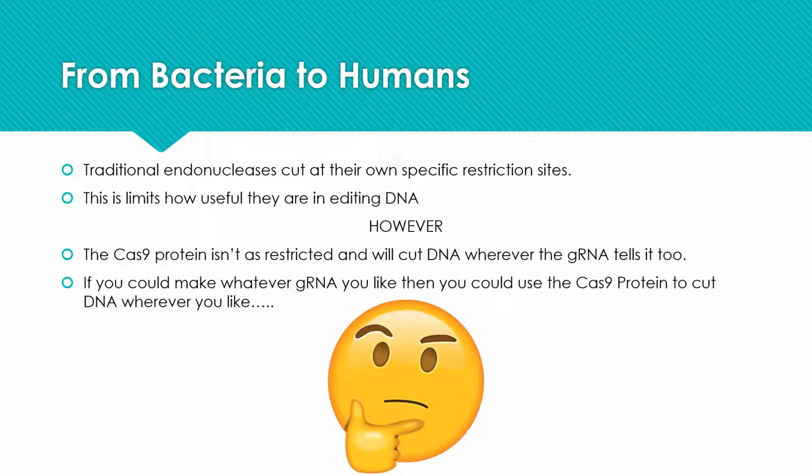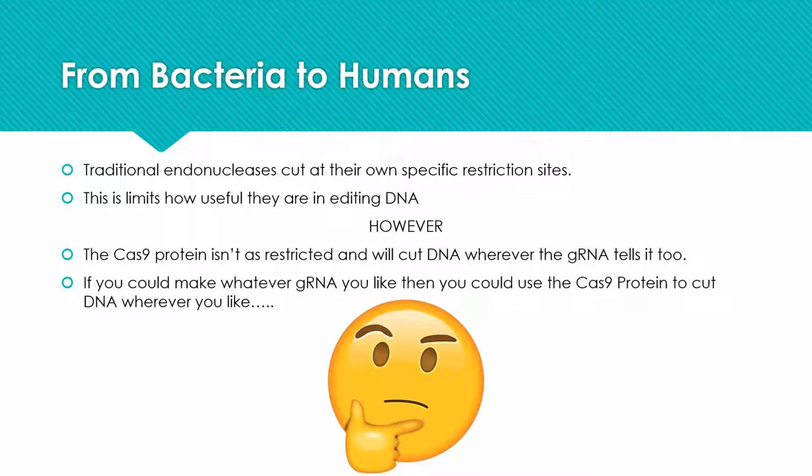But you're restricted in where they cut based on that endonuclease's own restriction site. What happens if you want to cut somewhere and you don't have an endonuclease that will cut at that spot? That's a bit of a problem because suddenly you're limited in terms of what you can do.